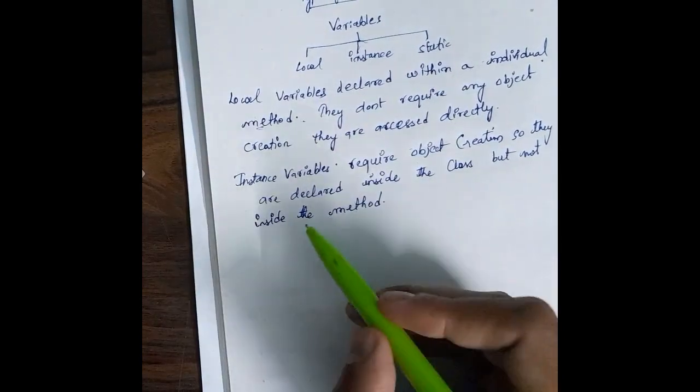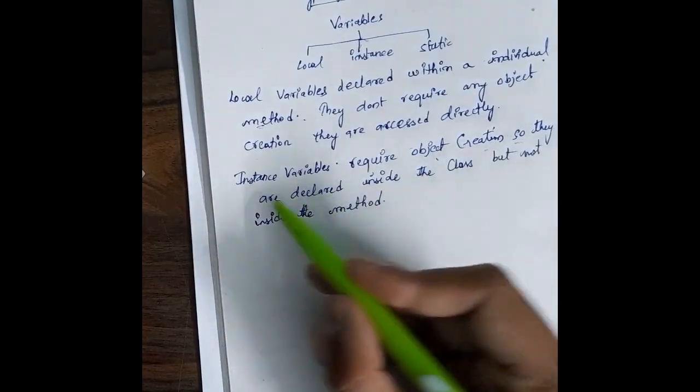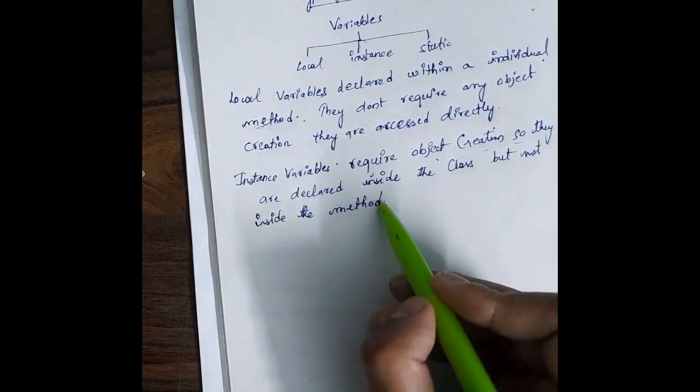Okay, so instance variables require object creation, so they are declared inside the class but not inside the method.